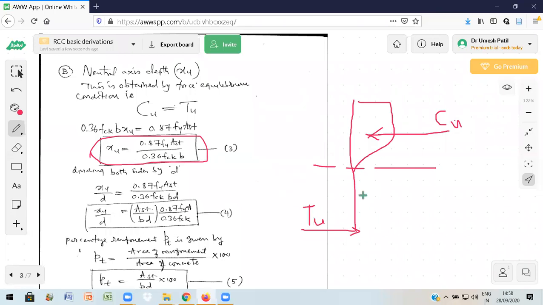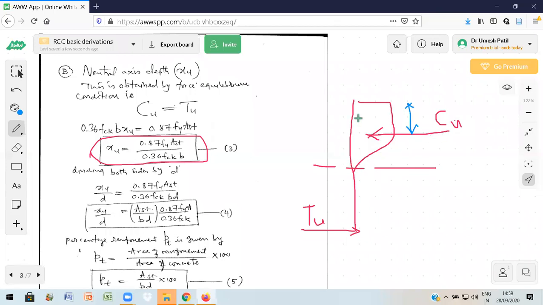Now the external bending moment is resisted by a couple formed by the beam like this. One question here is, how much will be this height? Because Cu must act through the centroid of this entire stress block.